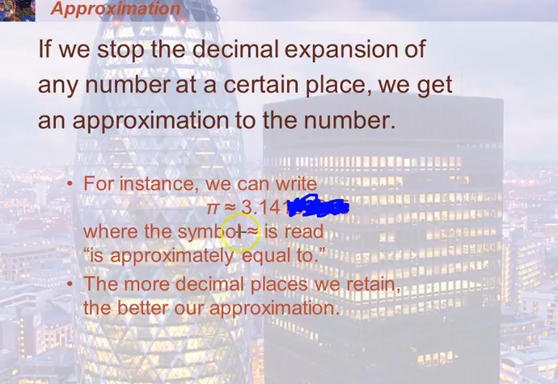Okay, this squiggly line means approximately equal to, but it's important to remember the more decimal places you keep, the better your approximation is going to be. So let's say in video games like Madden or Call of Duty, where you have to have really, really good control of your character and they're supposed to move really realistically. The game would be taking a bunch of measurements of stuff, like how fast something's going or how big something is.